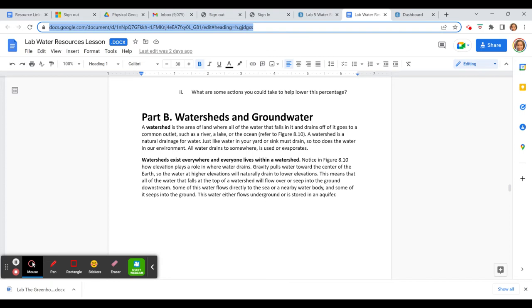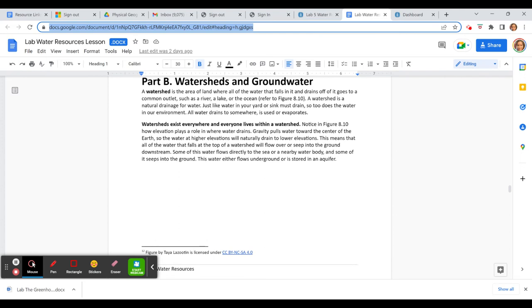So a watershed is the area of land where all that fresh water falls. It's a natural drainage. Just like the water in your yard or sink must drain, so too does the water in our environment. All water drains to somewhere, is used, or evaporates.